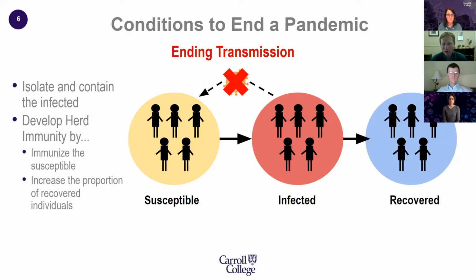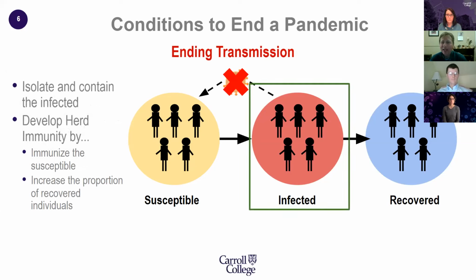In general, there are three main strategies. The first one is that we could try to survey and test and detect infected individuals, isolate them, and therefore contain the infection in a small geographic region before the virus is able to be transmitted to larger susceptible populations.